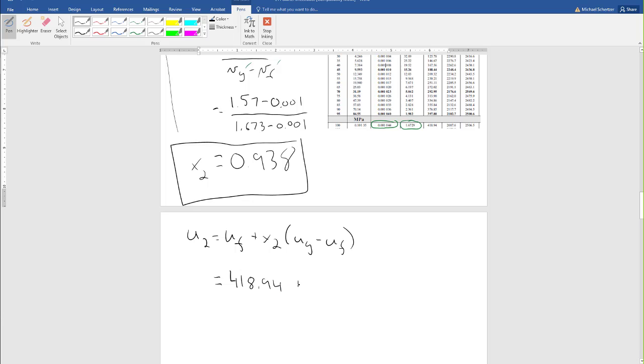These are all in kilojoules per kilogram, except for quality, which has no dimensions. 0.938 times 2087.6 minus 418.94.